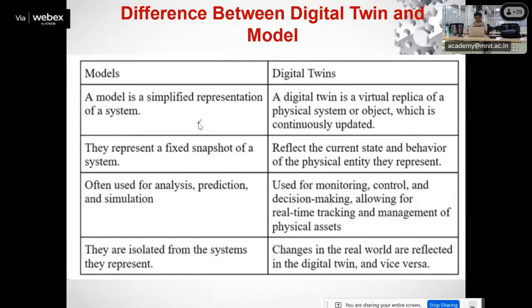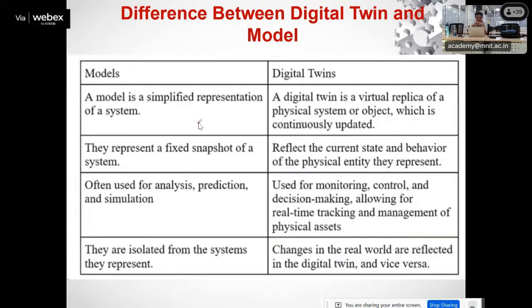A model represents a fixed snapshot of a system, while a digital twin reflects the current state and behavior of your physical entity. A model is useful for analysis, prediction, and simulation, while a digital twin helps with monitoring, control, decision making, and real-time management of any physical asset.